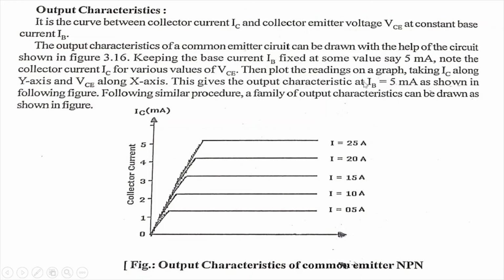Then plot the readings on a graph, taking IC along y-axis and VCE along x-axis. This gives the output characteristic at IB equal to 5 milliampere as shown in figure, and following a similar procedure a family of output characteristics can be drawn as shown in figure.